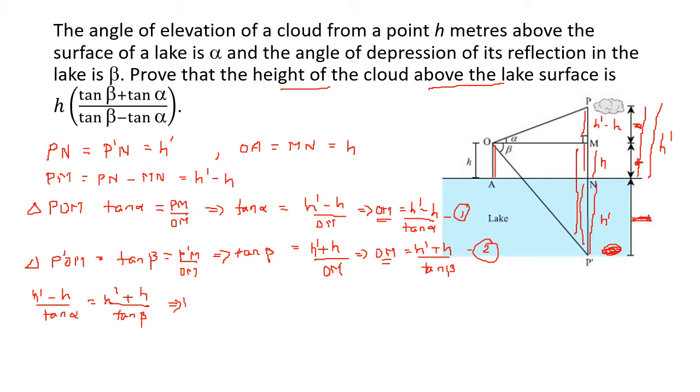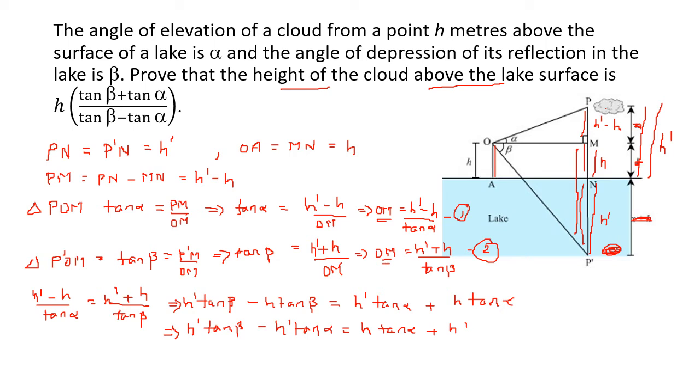So what does it give us? H prime tan beta minus h tan beta equal to h prime tan alpha plus h tan alpha. On rearranging, what you get? H prime tan beta minus h prime tan alpha equal to h tan alpha plus h tan beta.